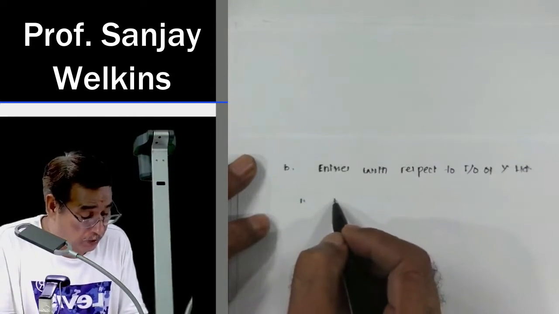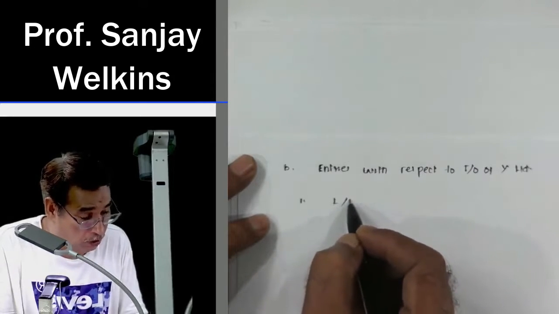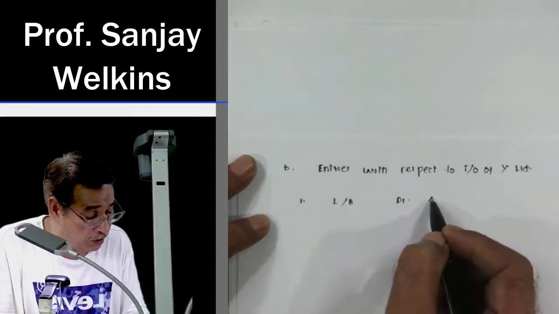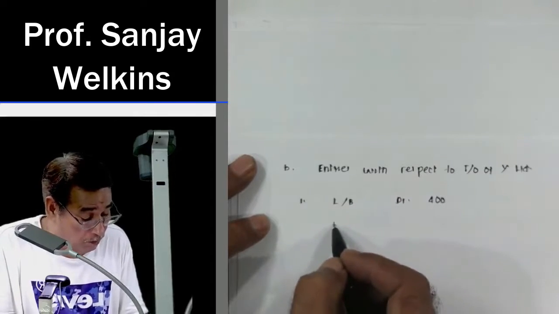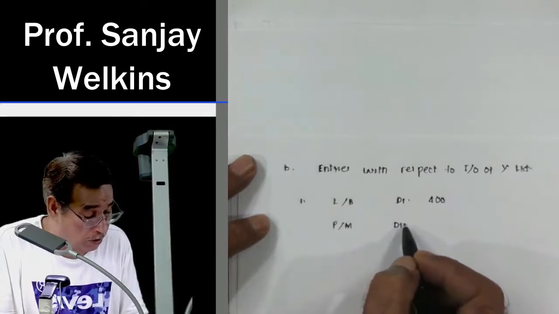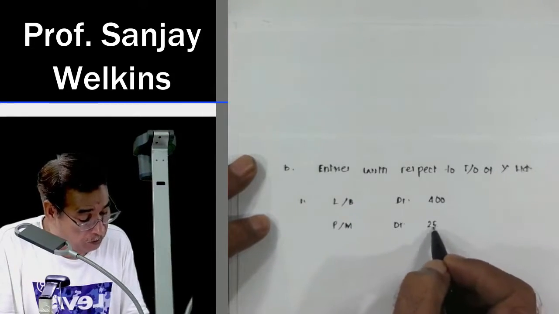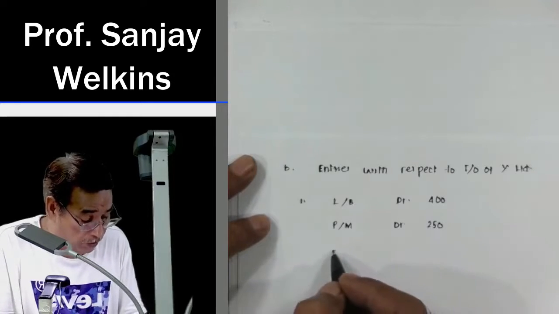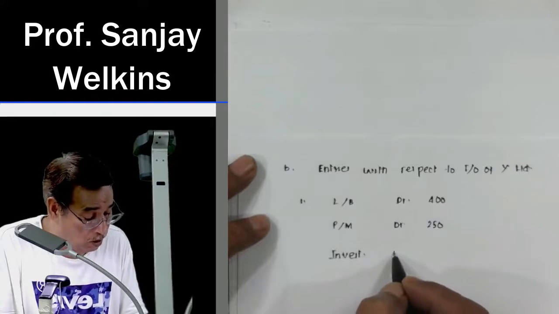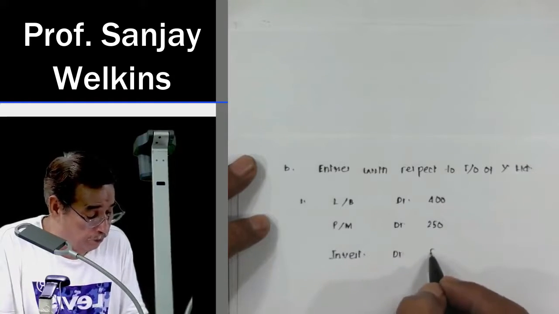First entry, again you will have to take the pain of writing all the assets. Land and building of Y Limited is 400. Plant and machinery account debit, 250. Investment account debit, 50.